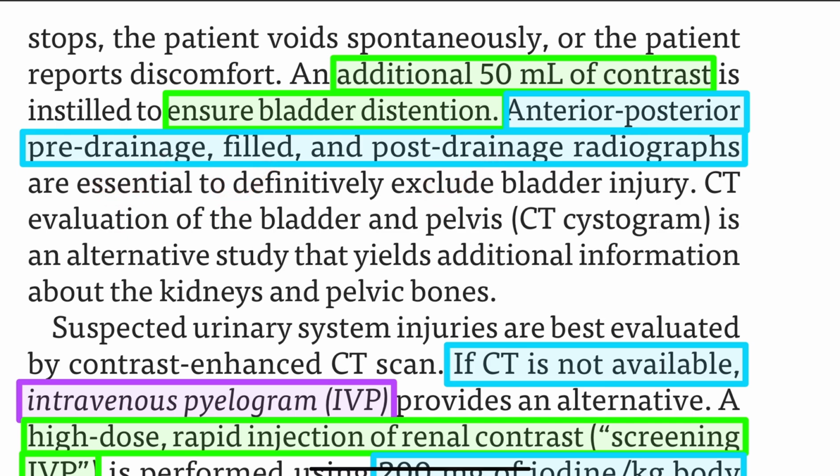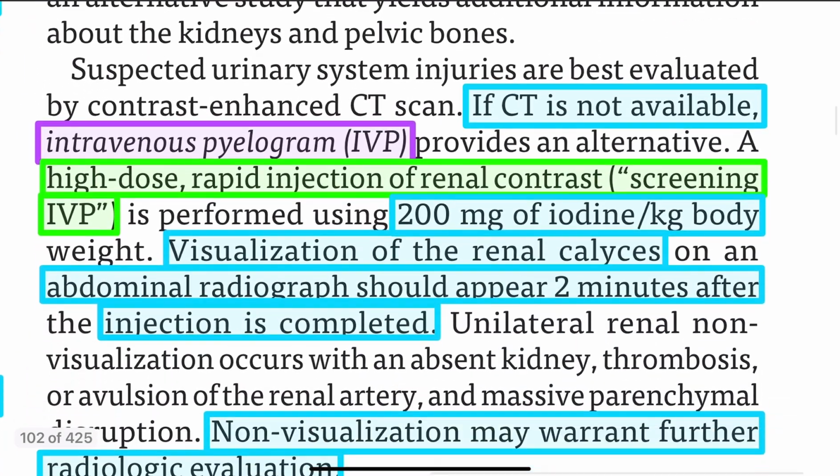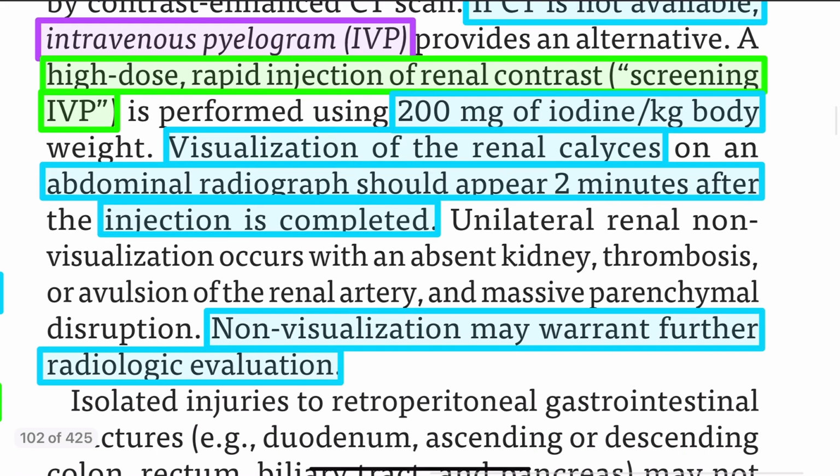If CT is not available, you should do an IV pyelogram, IVP. In this, there is a high dose and rapid injection of renal contrast, that is screening IVP. 200 mg of iodine per kg body weight is given, and it will visualize the renal calyces.